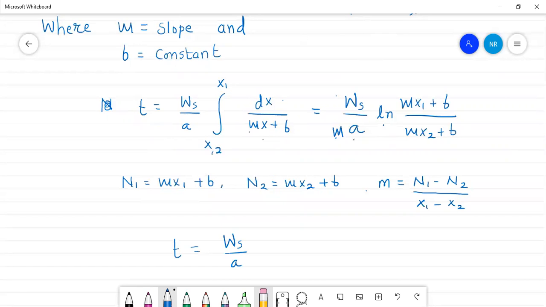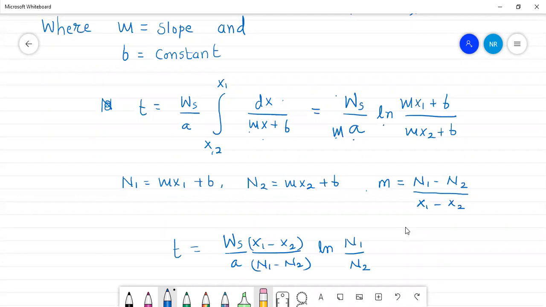Now instead of m we write N1 minus N2 over X1 minus X2, so X1 minus X2 divided by N1 minus N2, ln N1 divided by N2.